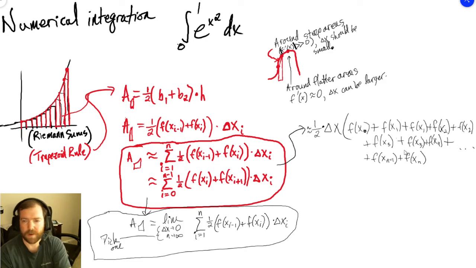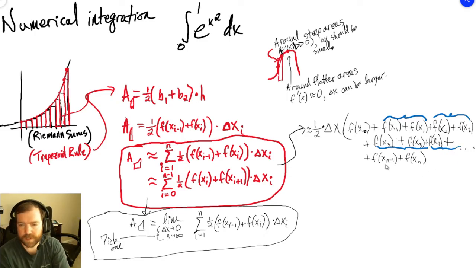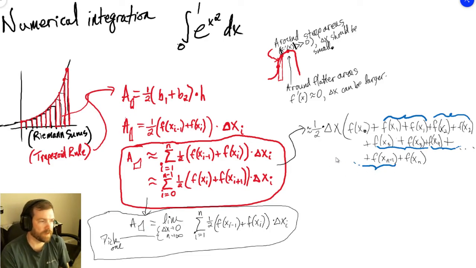So here's the thing, right? We notice here that we're going to have a bunch of these terms that are all going to be paired up. And that also includes f of x sub n minus 1, which is going to be paired up with the previous term here, just like f of x sub 4 is paired up with the next term that I didn't actually write. f of x sub n is the only one beyond the first term, f of x sub 0.